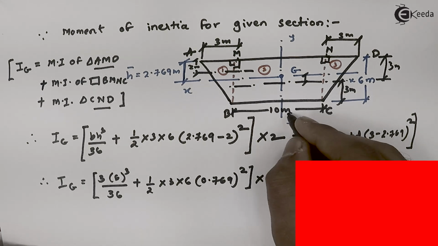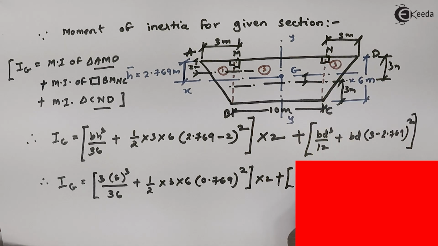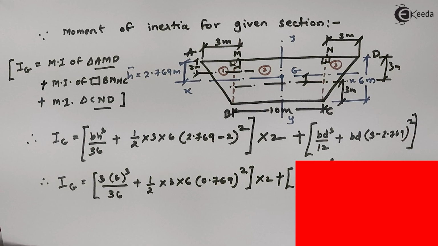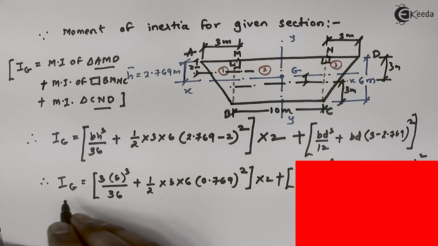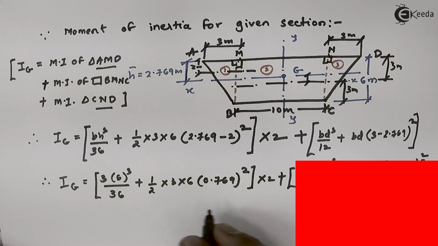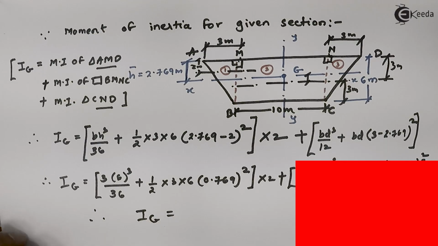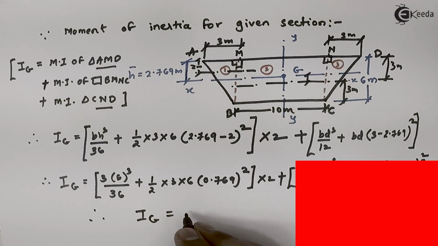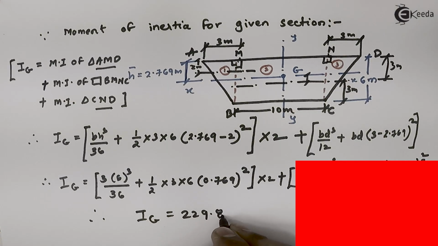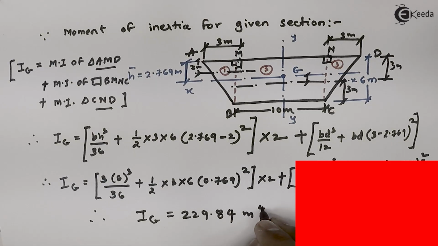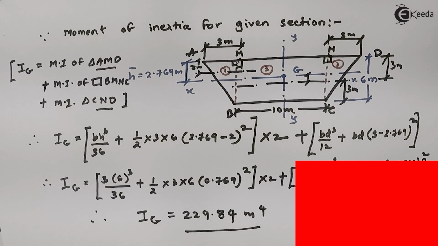So 10 into D is 6 meter, so BD cube by 12 plus B into D, and this is 3 minus 2.769 whole square. So from this entire thing, if I calculate I suffix g, my answer comes out to be 229.84 meter to the 4. A lot of calculations here.